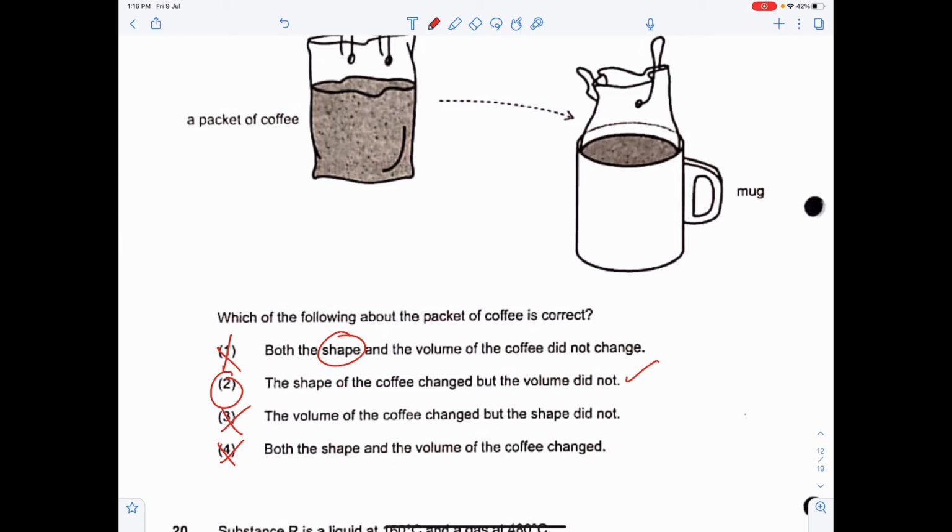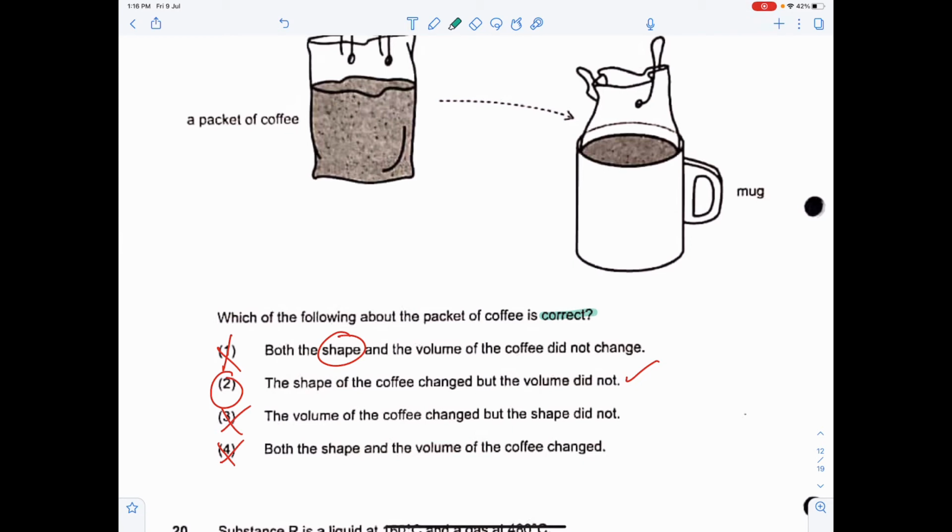So in exams, when you are reading questions, this is what I always tell students: especially when they ask you which of the following are correct, or which of the following is true, or which of the following is not correct or untrue, highlight the word.